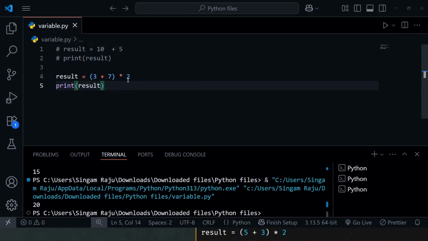So this is how it follows, and it changes the priority of the operators by just adding a bracket. So always remember, whatever is inside the bracket will get done first. And it's just like doing math on paper.